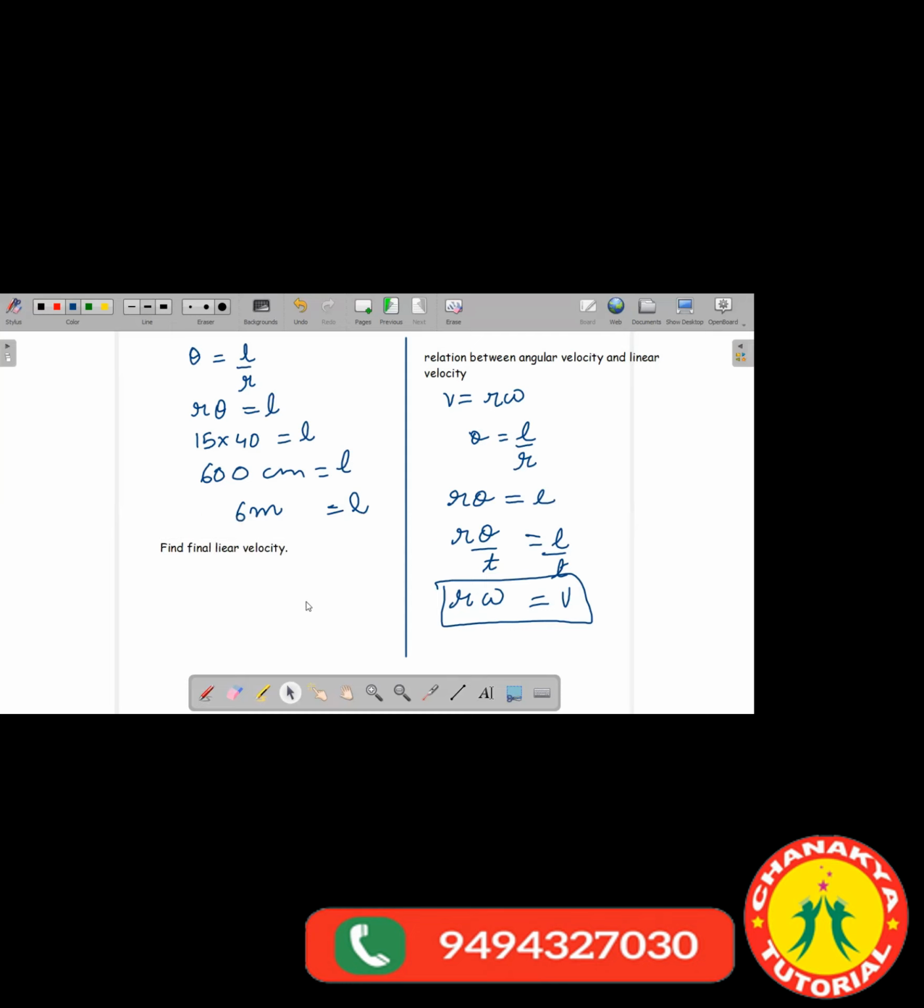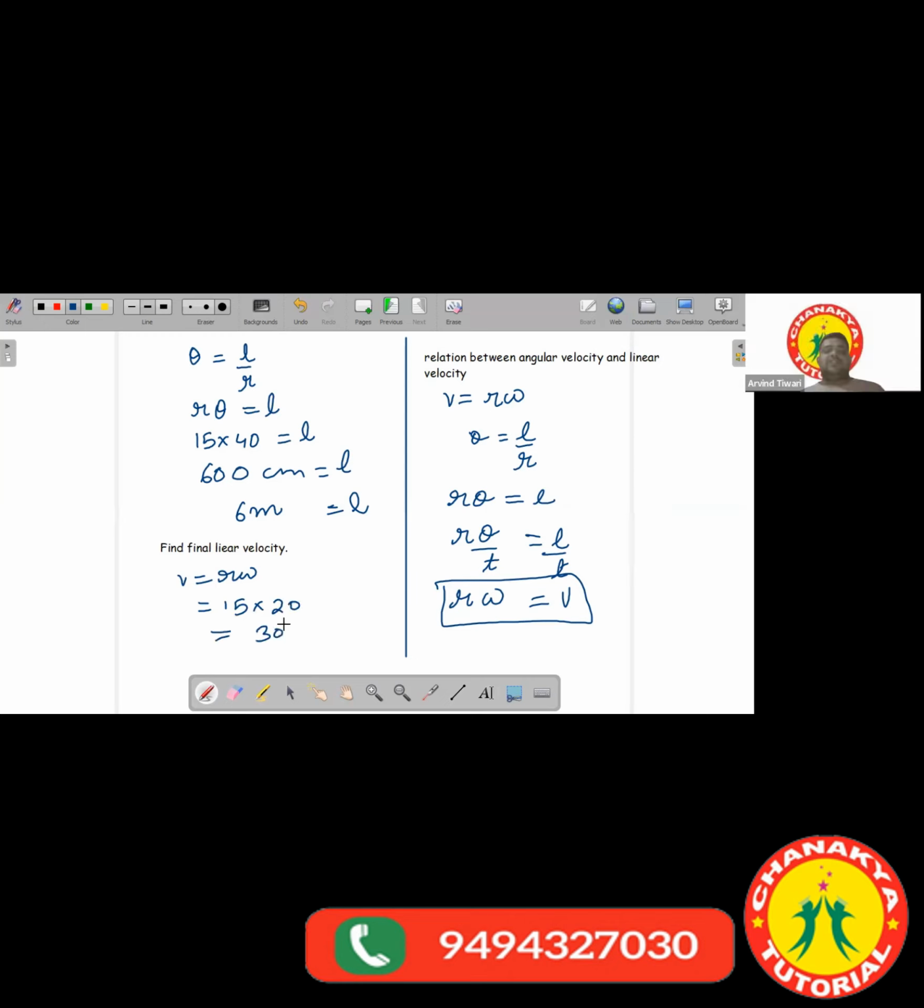Sir, is it 300 centimeter? Yeah, 300. So let's see, we will be using the formula v equals r omega, and the value of r is 15. Omega is given as 20 radian per second. So 15 multiplied by 20 is 300 centimeter per second, that means you can write it as 3 meter per second, right? You have 3 meter per second as the linear velocity.